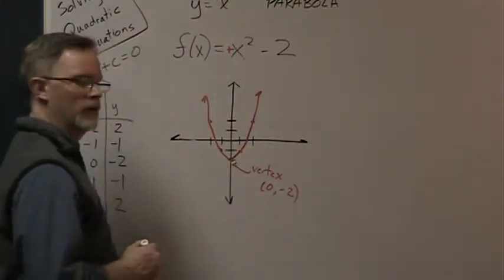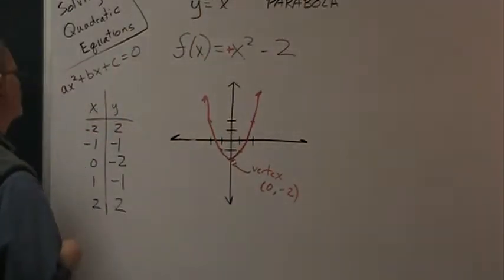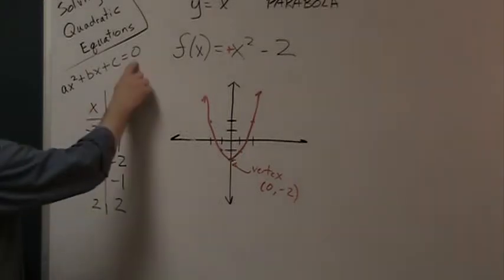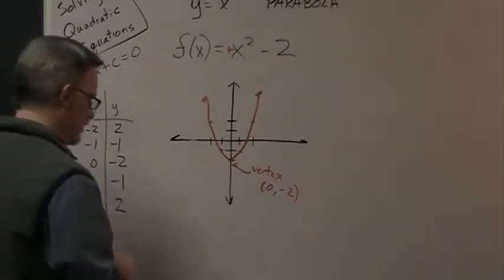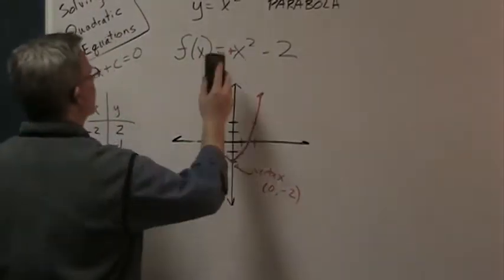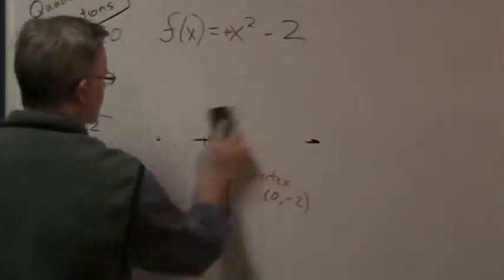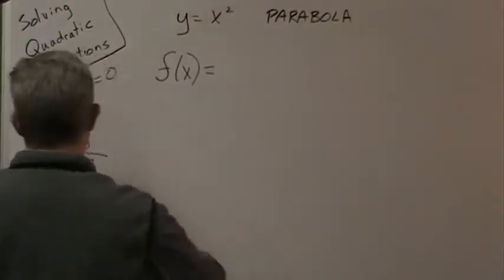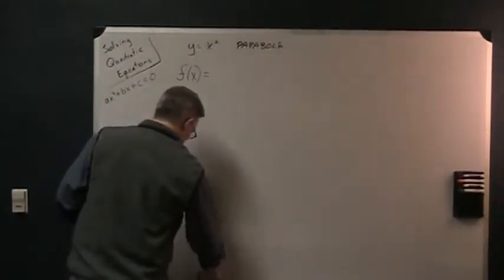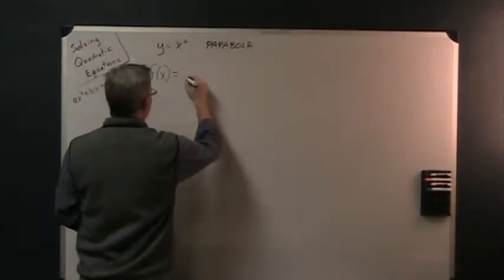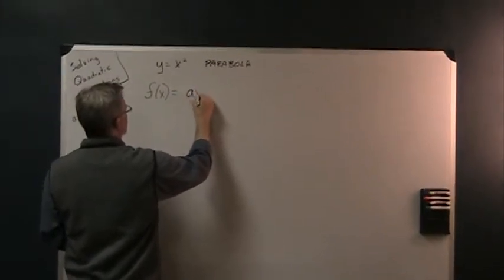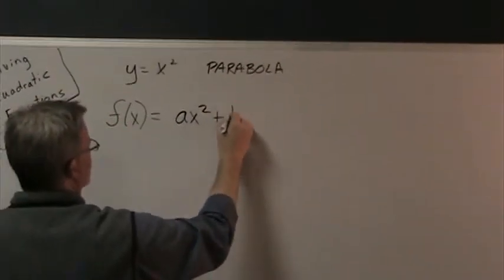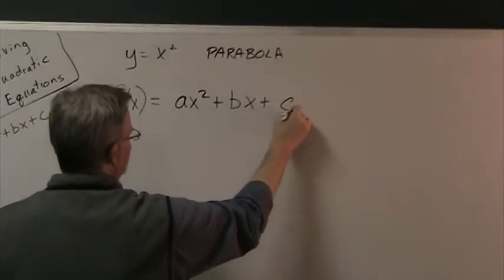We know that this is sort of the form of the quadratic equation. If we're going to look at the full form of a parabola, let's look at a slightly different problem, one that's a little more complicated. We can write the quadratic function in terms of ax squared plus bx plus c.